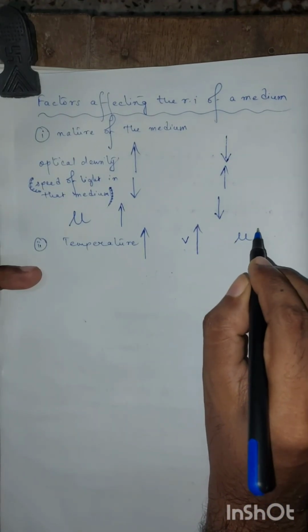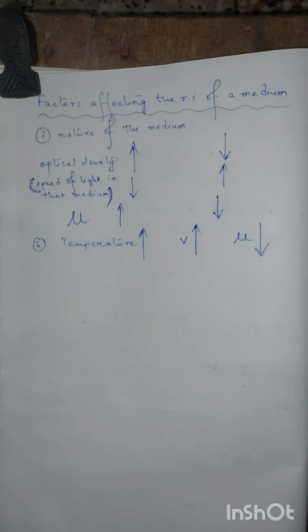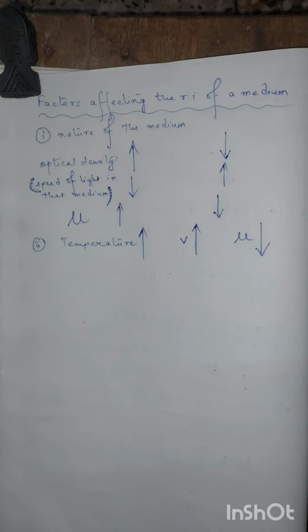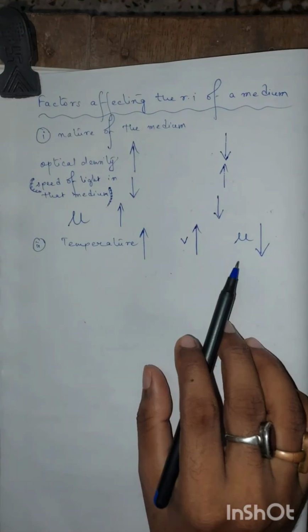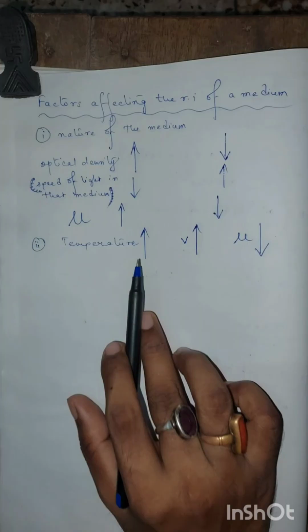Therefore, the refractive index decreases. So when we increase the temperature of a medium, the speed of light in that medium increases. And when speed of light increases, refractive index of that medium decreases. So refractive index is inversely related to the temperature.